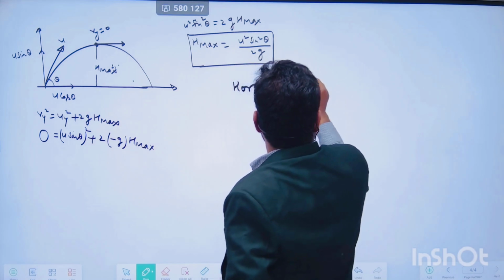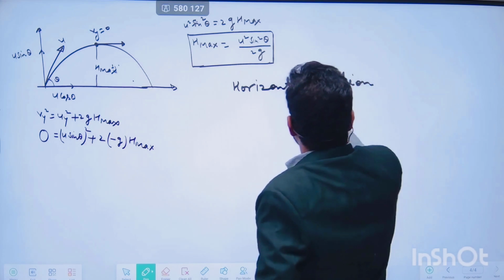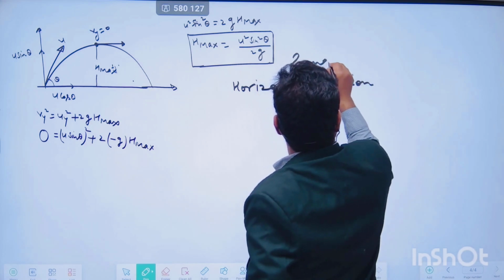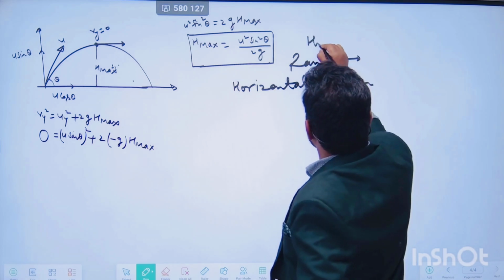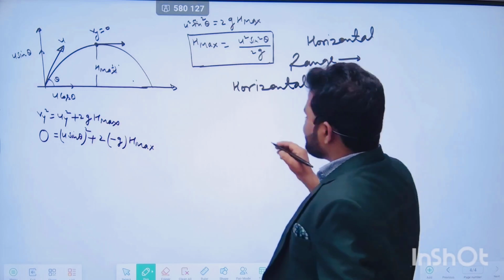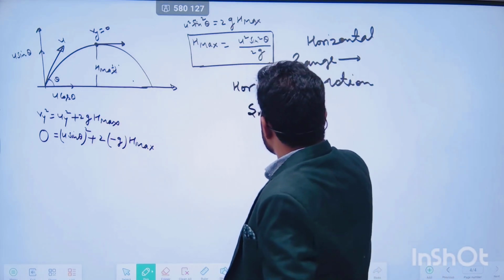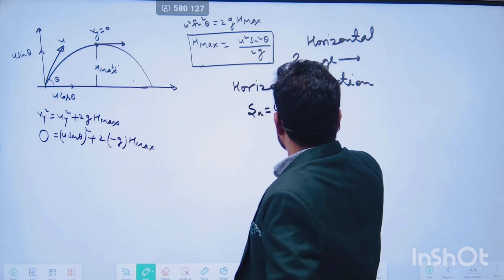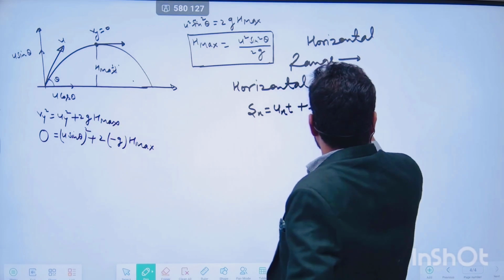Which kind of range? Horizontal range. Here we are using the second equation of motion, x is equal to ux t plus 1 by 2 gx into t square.